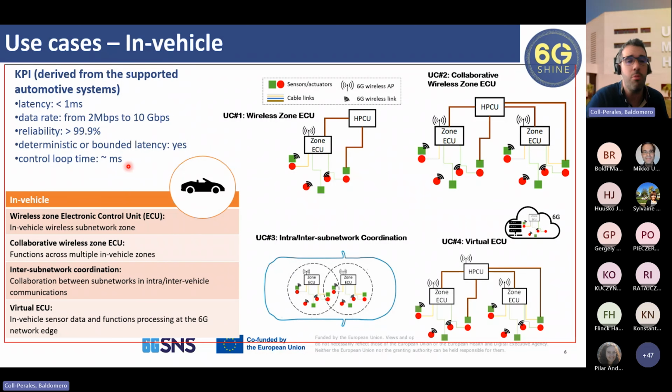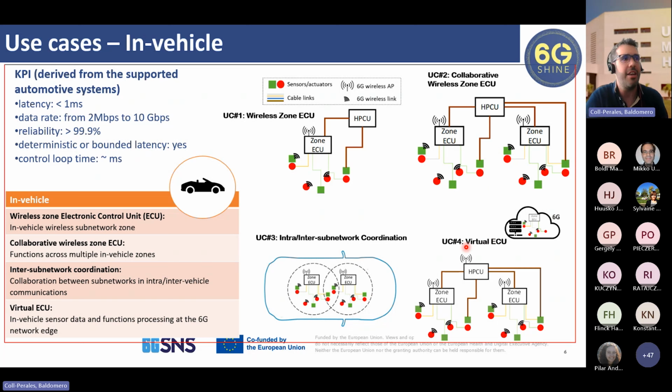For the automotive or in-vehicle category, we have considered use cases going from a subnetwork in a single zone, connecting the sensors and actuators to a zone ECU or to a high-performance computer, to scenarios that require the coordination and collaboration between subnetworks deployed in different zones.